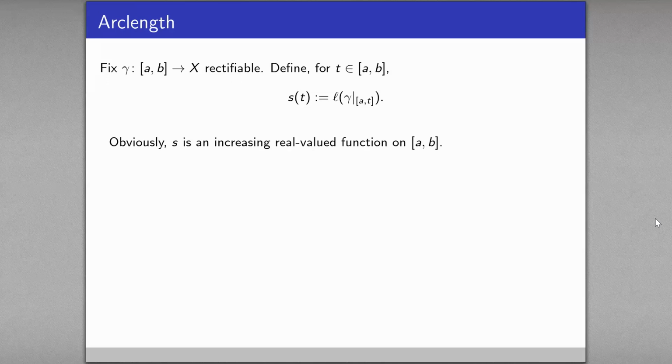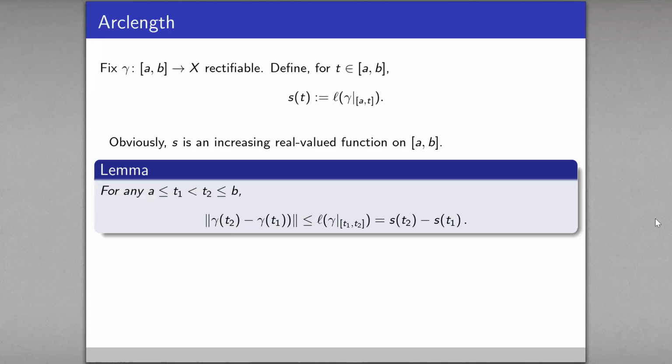Remember, s is not a curve itself, it's a real valued function. It's a non-negative number for every t, and it is increasing. That is by definition of length as that supremum, because when t increases, you have more partitions to do and not less.